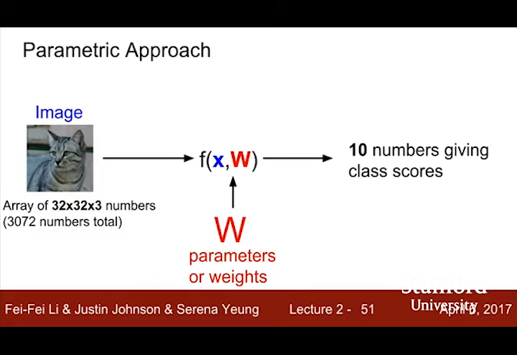And now we're going to write down some function which takes in both the data x and the parameters w, and this will spit out 10 numbers describing the scores corresponding to each of those 10 categories in CIFAR 10, with the interpretation that a larger score, like the larger score for cat, indicates a larger probability of that input x being cat.